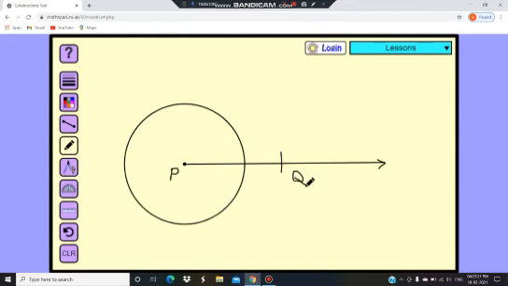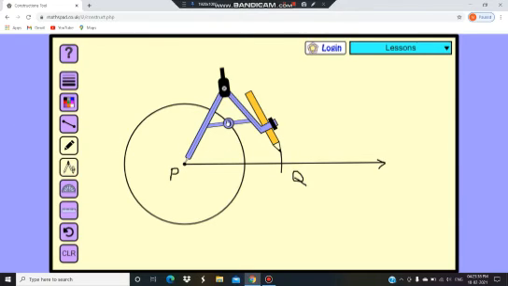Okay, and what we have to draw? Construct a tangent to the circle from the point Q. Through this point Q we have to draw the tangent. So first we have to draw the perpendicular bisector of PQ.